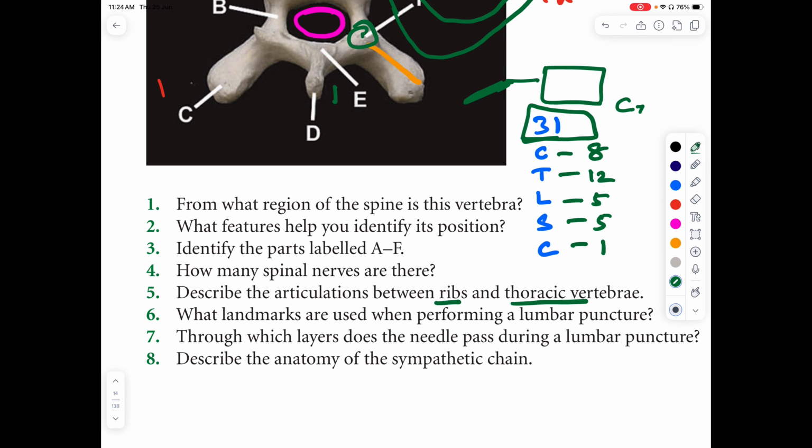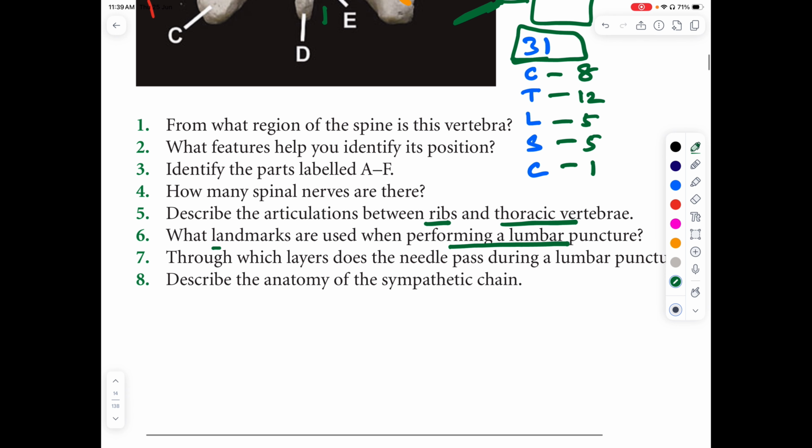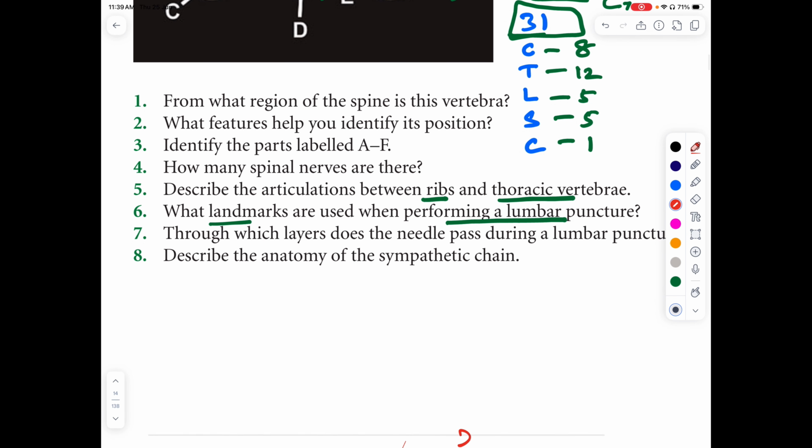So what landmarks are used for lumbar puncture? Again, this is the question: what are the landmarks to give spinal anesthesia or lumbar puncture? When you see the back of the patient, you are getting the spines, and here is the iliac bone.